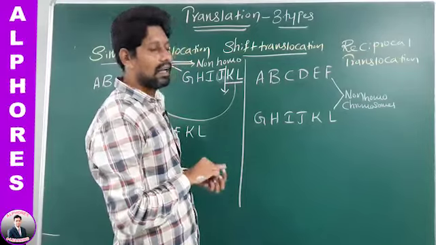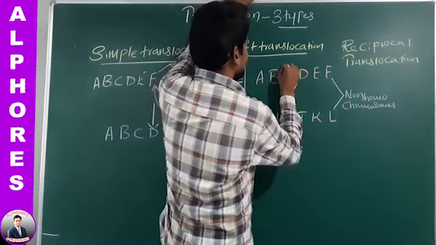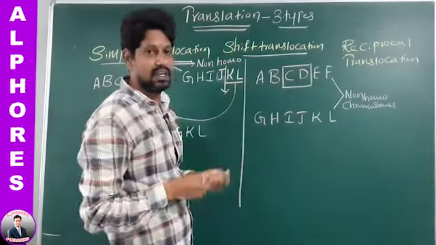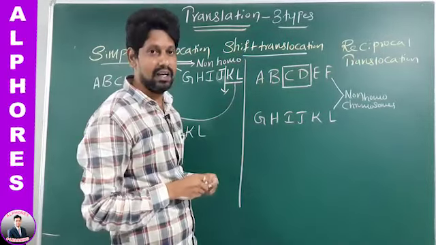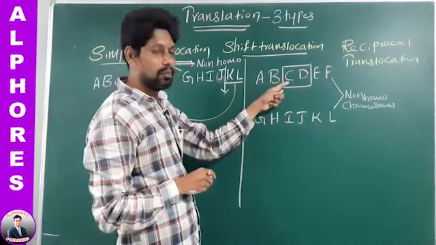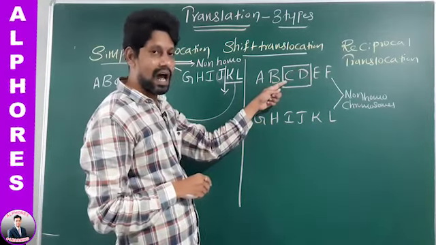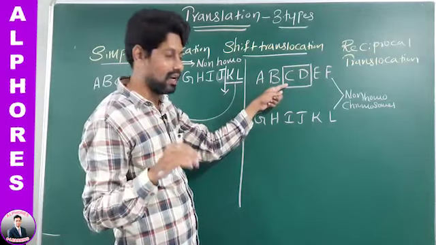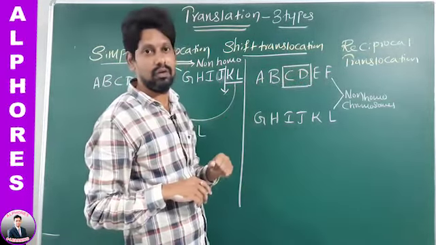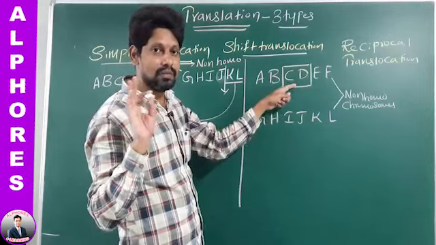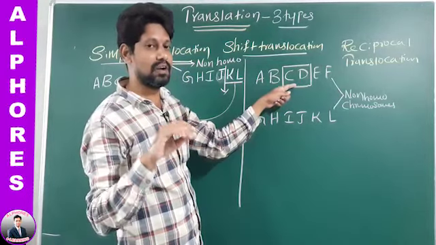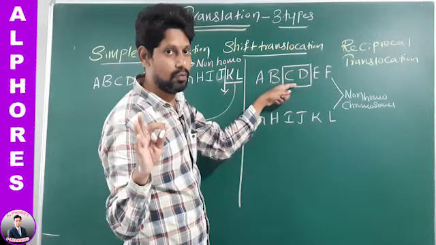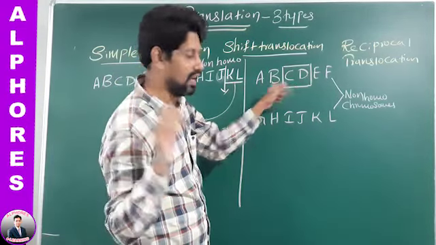Here a segment of chromosome is lost. Is it lost from the ends of the chromosome? No. It is not lost from the end of the chromosome. It can be lost from any part of the chromosome but not from the ends.